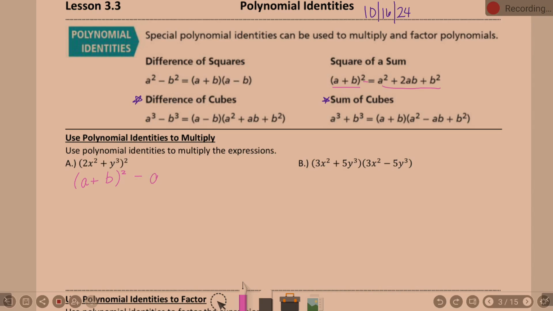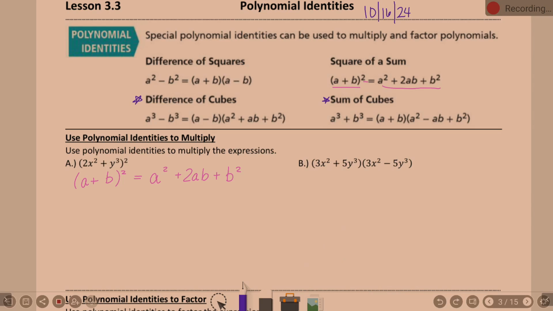And if you follow the formula, it's a squared plus 2ab plus b squared. All you have to know to do this is what is your a and what is your b. What's in the position of a?